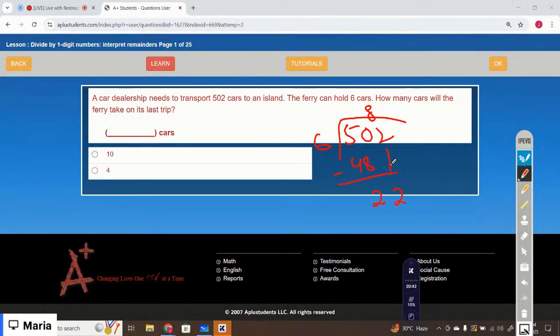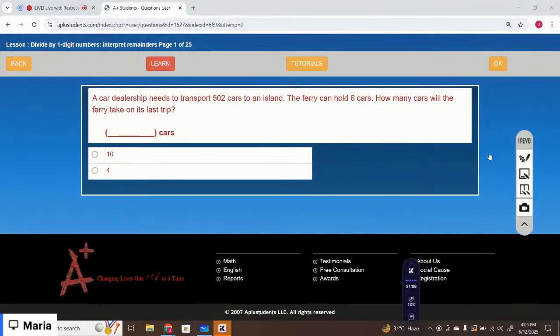Now bring the next digit down. So 6 times 3 is 18. So we have 4 remaining. The correct option is option number 2, that is 4. The remainder is 4. Option number 2 is the correct option.